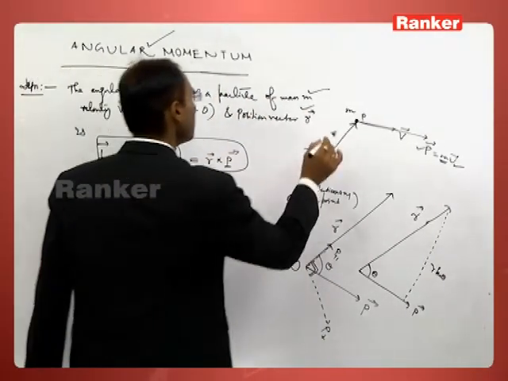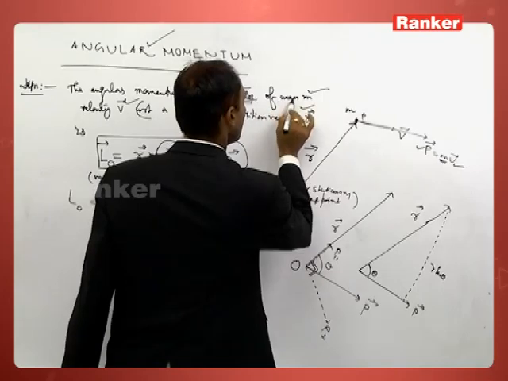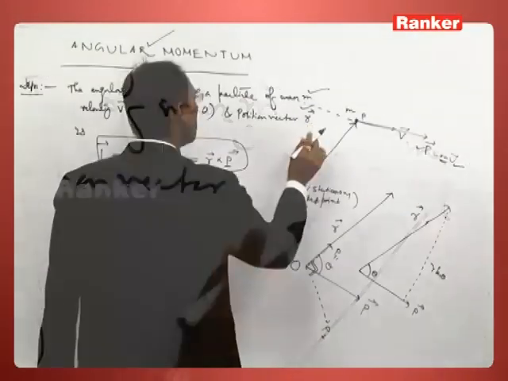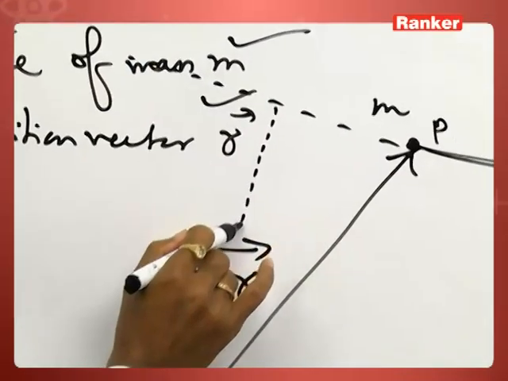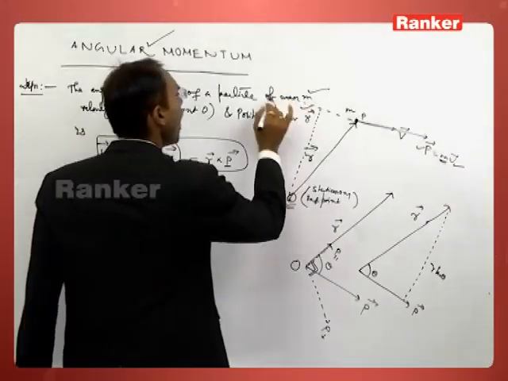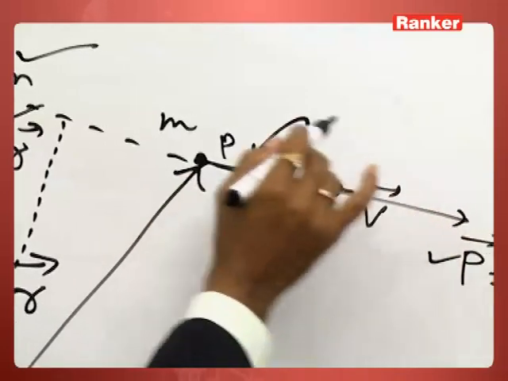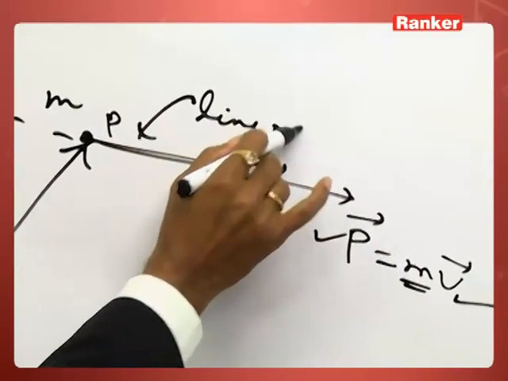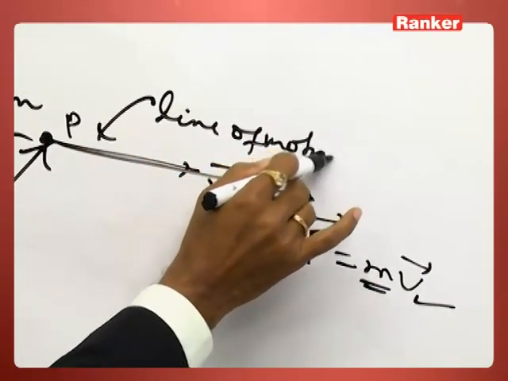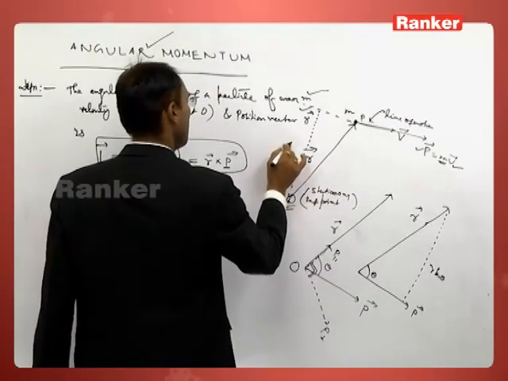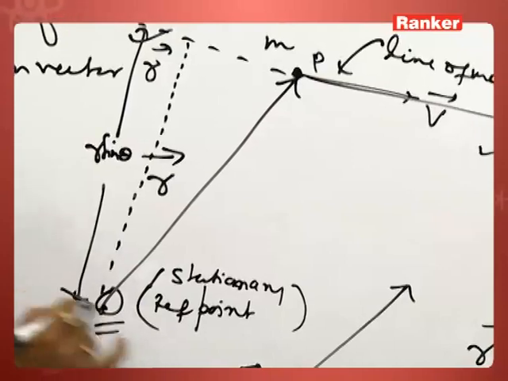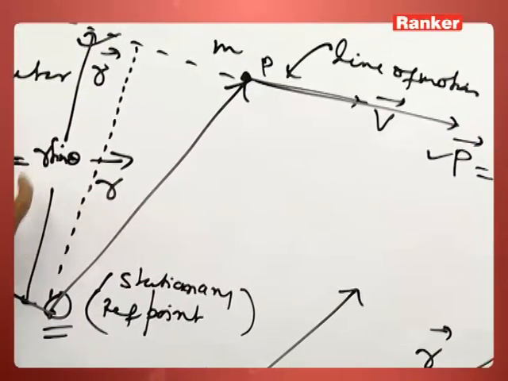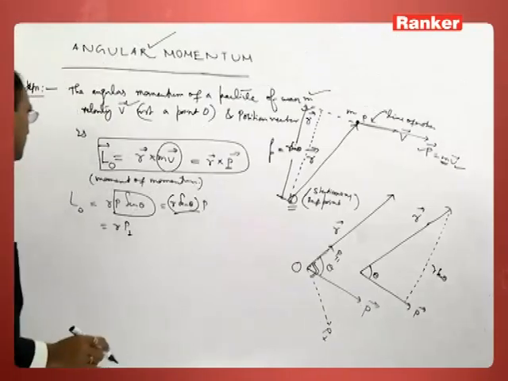So r sin theta is the perpendicular distance dropped from the reference point onto the line of motion. This is the velocity vector, or this is the line of motion. This is r sin theta, or we can call it the perpendicular distance.